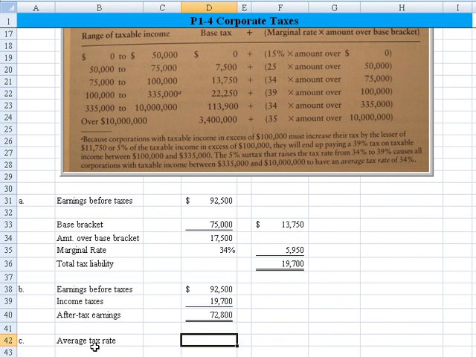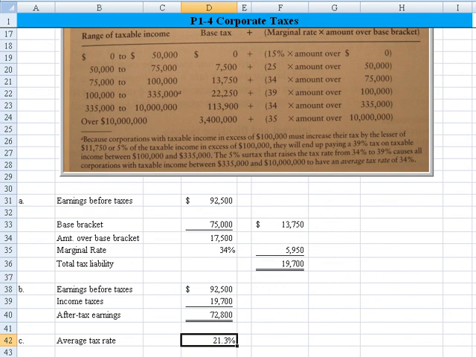We take the total taxes and divide it by the pre-tax earnings. So we'll take the $19,700 divided by the earnings before taxes or pre-tax earnings, and then turn that into a percentage. Let's just take it to one decimal point, and we come up with an average tax rate of 21.3.